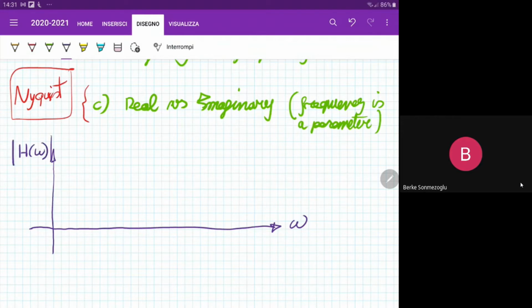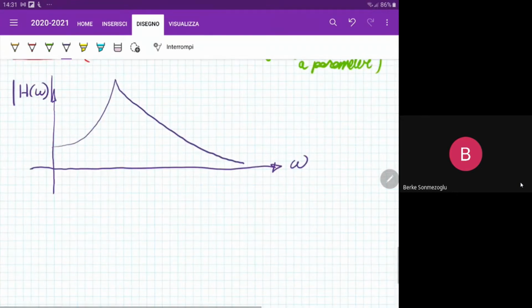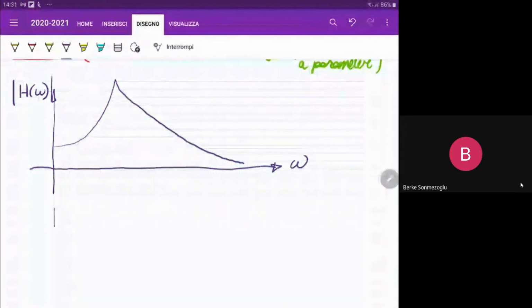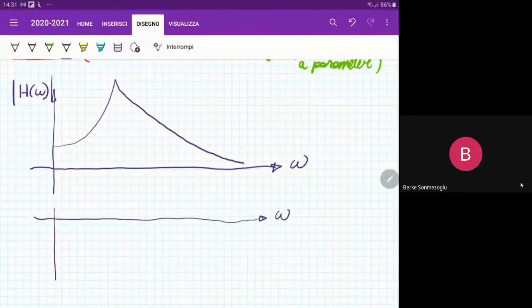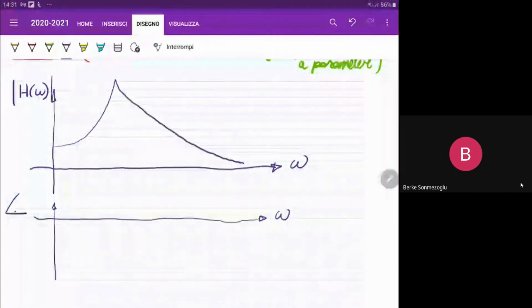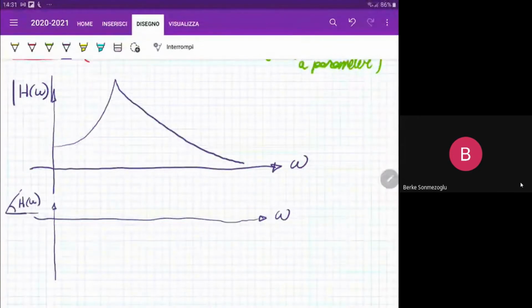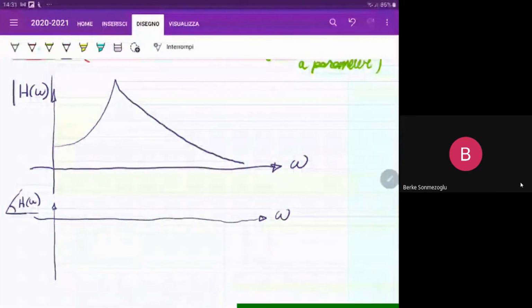And then we have plots of this shape. We're referring to the amplitude, or we're referring to the phase, always as a function of your running frequency omega. We have something like this.